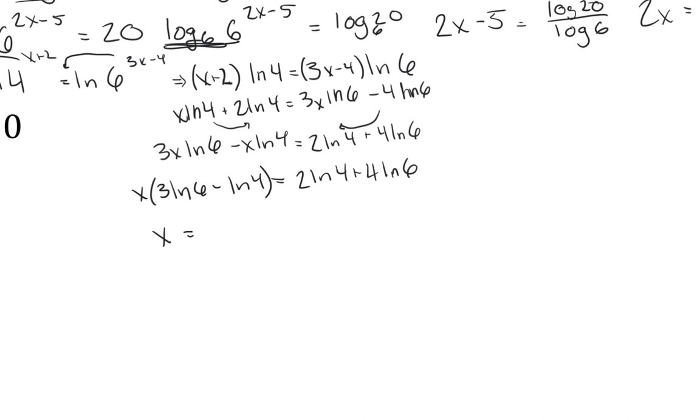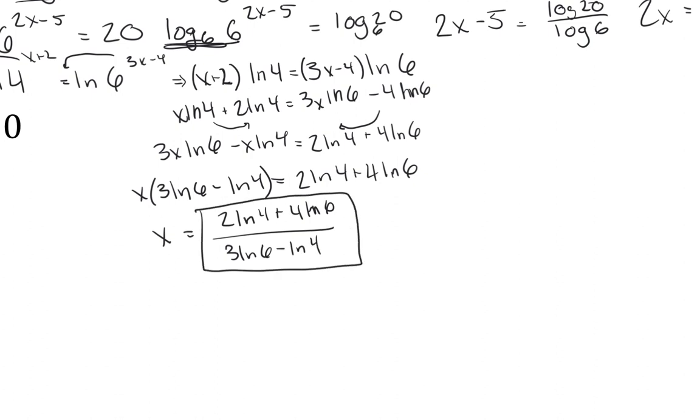And then divide, so x is going to be equal to 2 ln of 4 plus 4 ln of 6 over 3 ln of 6 minus ln of 4. And so this is going to be our exact answer, and that's going to be equal to, make sure you are doing the correct parentheses in your calculator. It is very important.